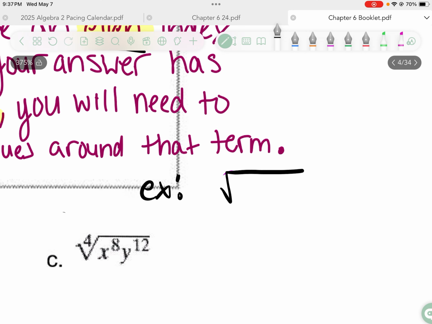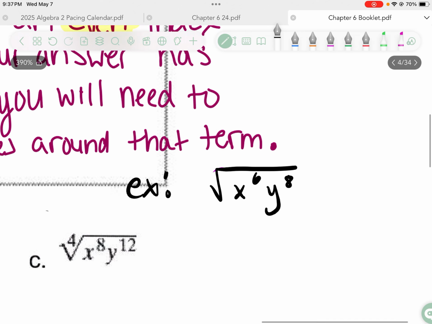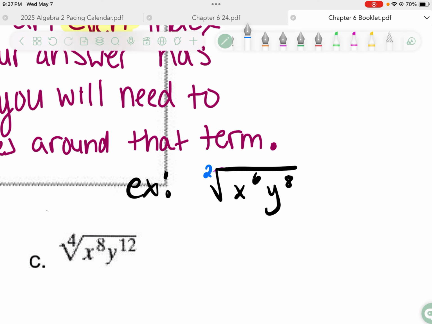So we're going to start simplifying variables. If you look at this example here, I know my index is a 2 since nothing's written. The way we simplify these problems, it's actually very easy. You look at this as like a two-part problem.